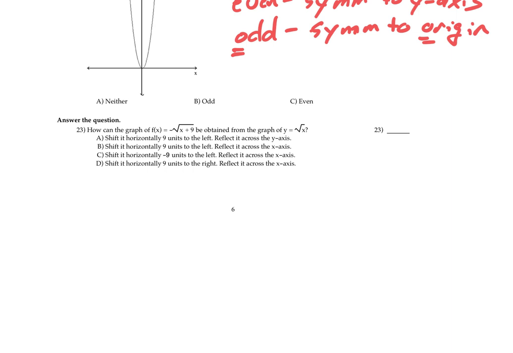Reflect over the x-axis, and shift horizontally 9 units to the left, and so B would be the best. I know that sometimes when we look at multiple choice, we think, oh, this is going to be a lot easier, but you have to read them carefully, and all of those options are really close to one another. So make sure you're careful with that.